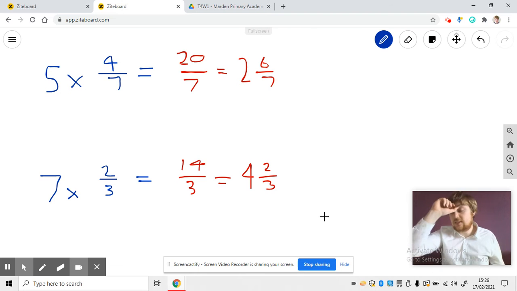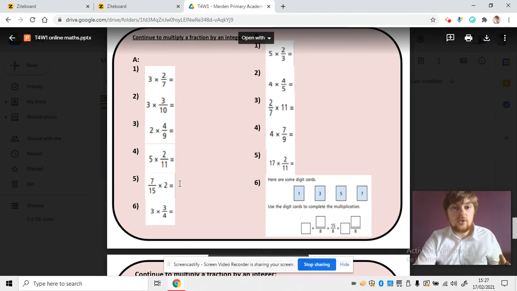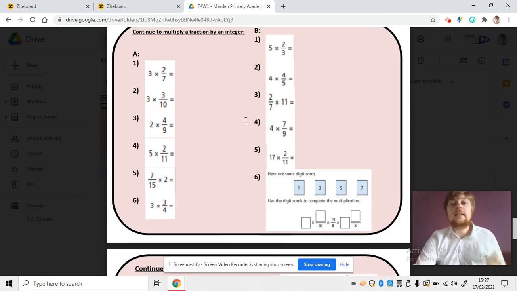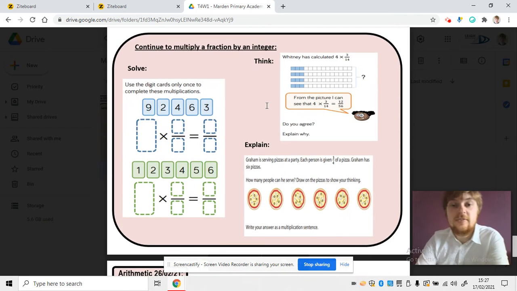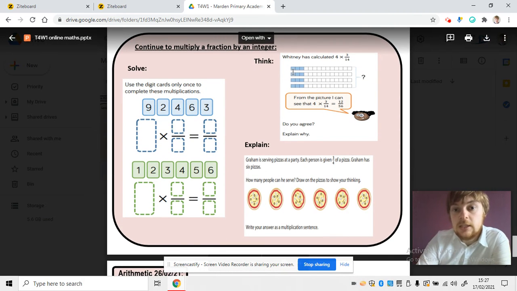Just like yesterday, once you've had a go at A or B, I imagine most of you going on to B from your confidence yesterday, you will definitely be going on to the think, solve, and explain. Your think here is that Whitney has calculated 4 multiplied by 3 fourteenths, and shows what she's done as a pictorial.